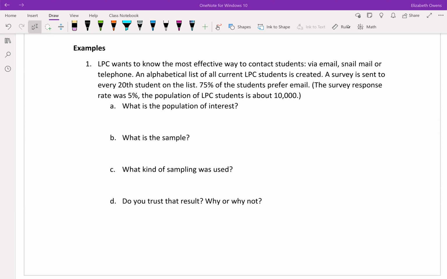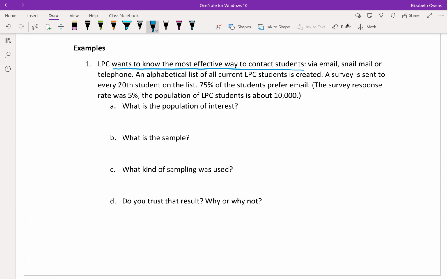Okay, so let's see what our population of interest would be. Now, as we're reading through here, let's underline some of the most important terms. What we want to know, that would be an important thing there.